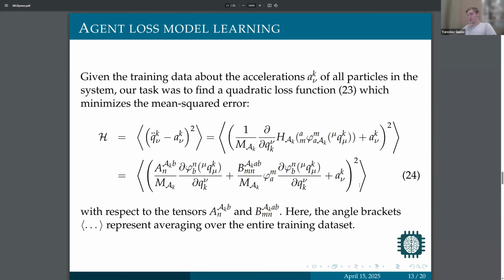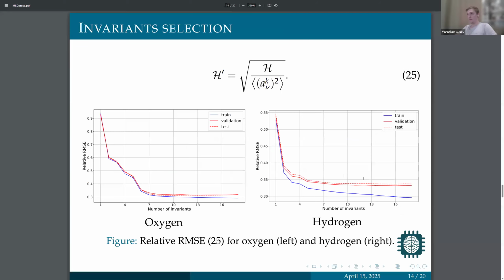And this is how our loss function looks. We minimize it with respect to tensors B and A, and the brackets represent the averaging over the whole data set that we have.